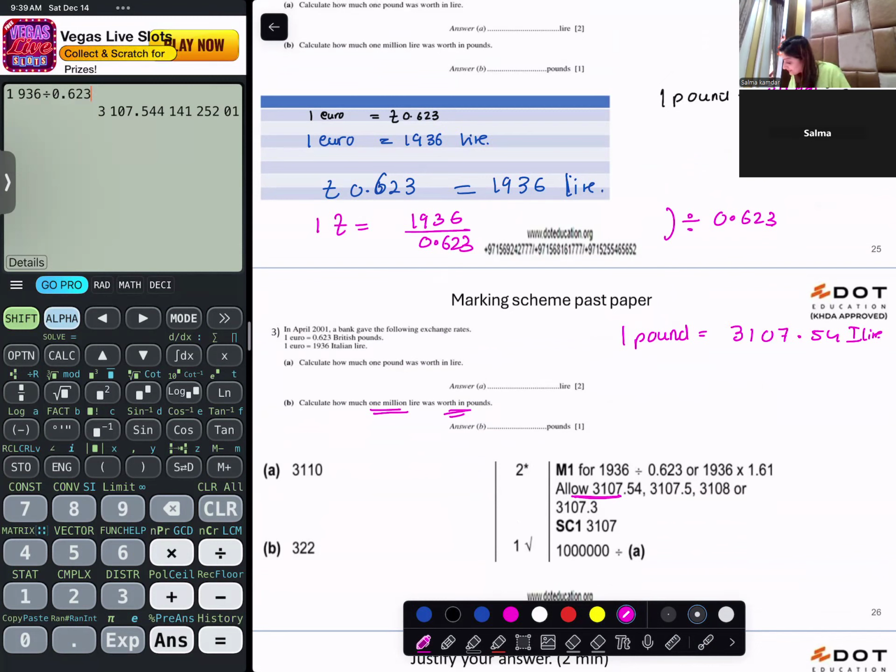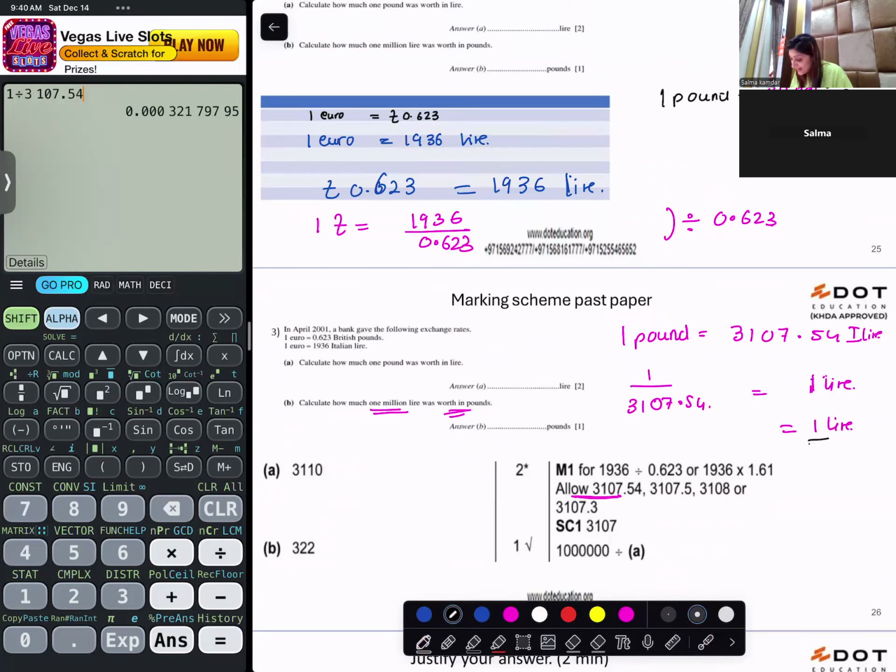What I can do is divide to find the value of 1 lire in pounds. So 1 lire is 1 divided by 3107.54.